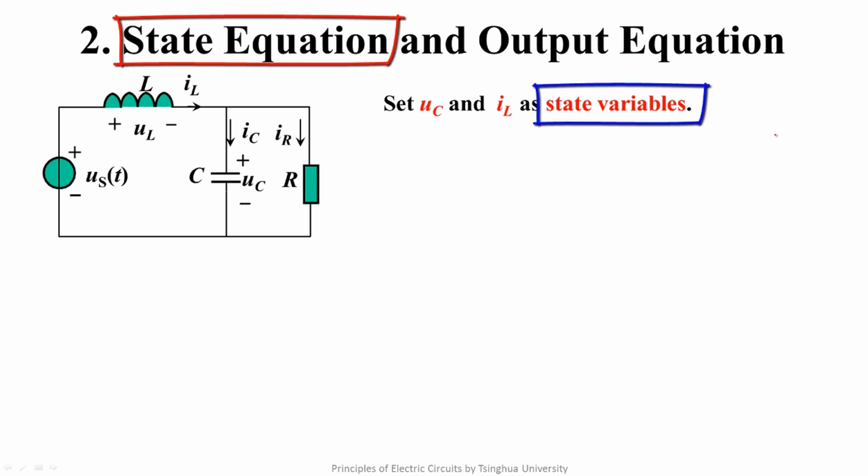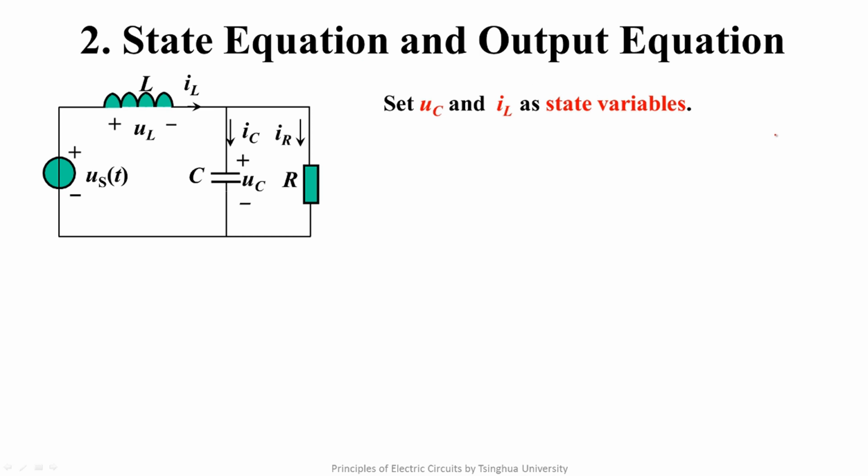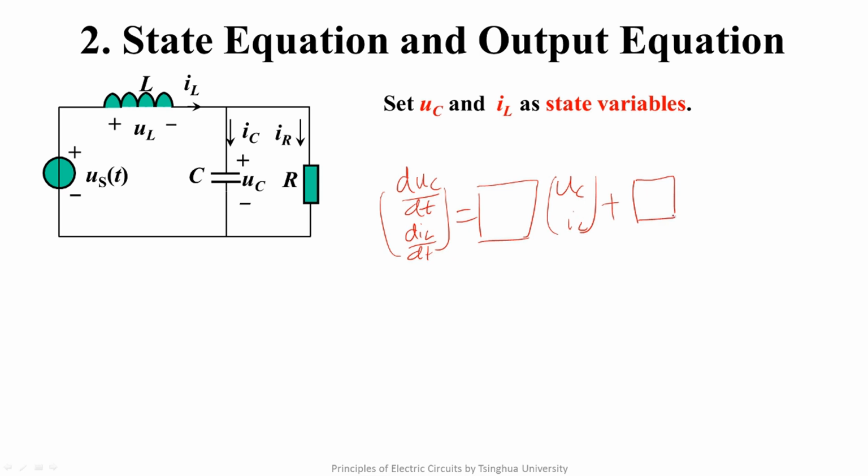After setting UC and IL as state variables, how do we list the state equation? It's different from the second-order linear differential equation with constant coefficients we introduced before. The state equation is a first-order linear ordinary differential equation set with constant coefficients about the state variables. Specifically, we need to write how duc over dt and dil over dt change with UC and IL, and how they change with the external excitations.